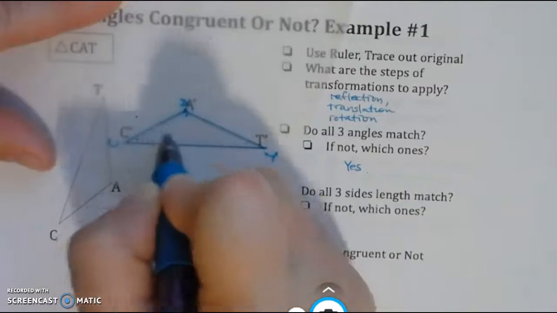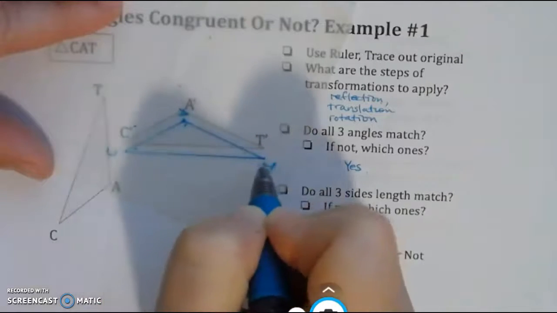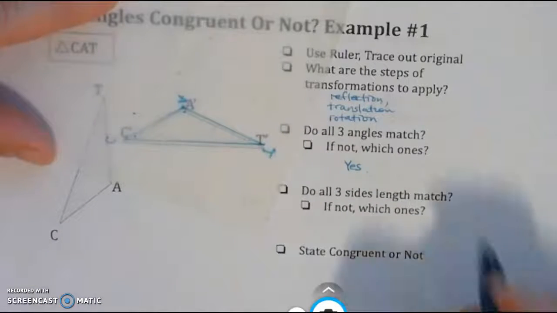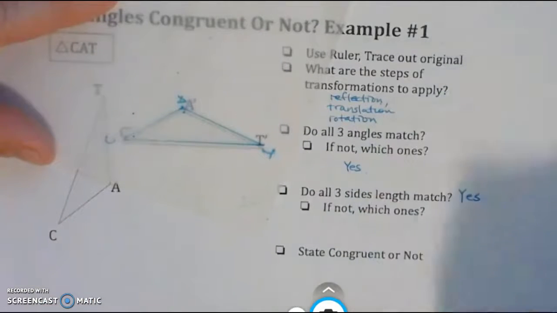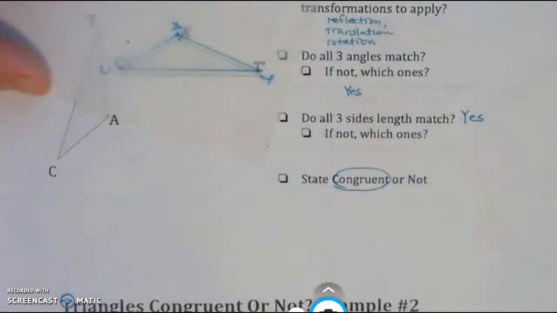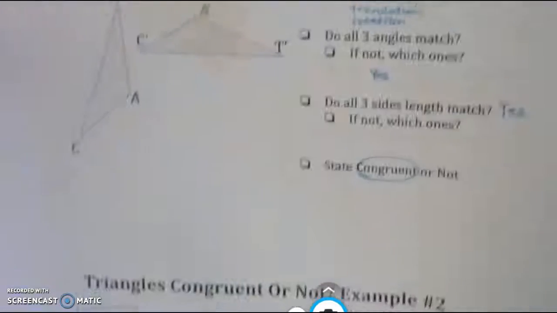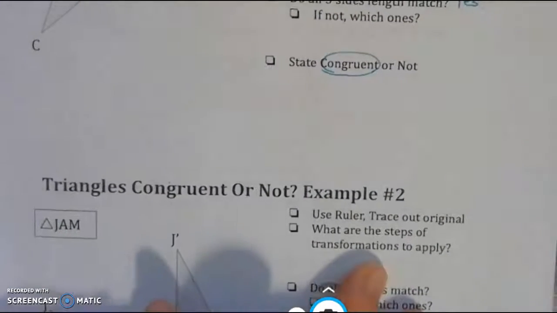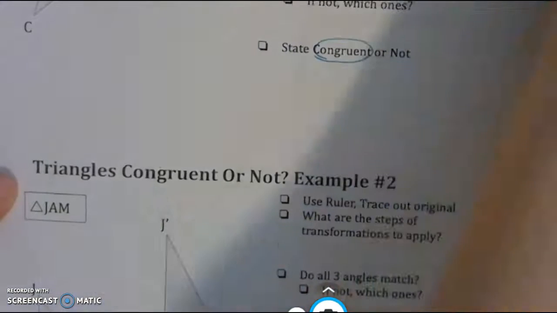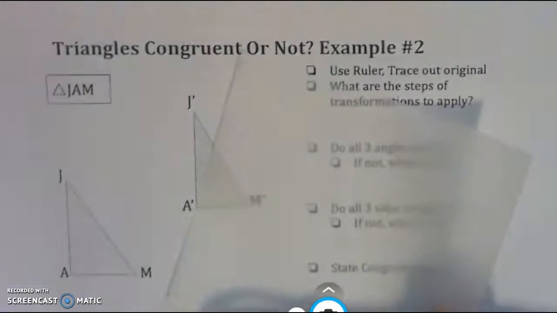Yeah, the length is exactly the same, and A prime T prime is the same as AT, and the line segment CT matches up as well. All the sides match up. So is this congruent? Yes, congruent, because all the matching sides and matching angles are an exact copy. They are the same.